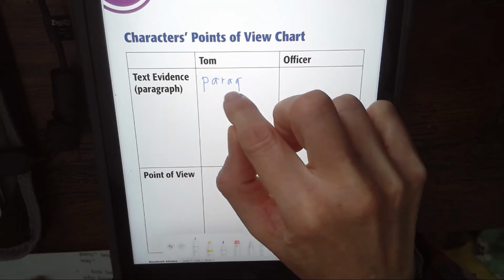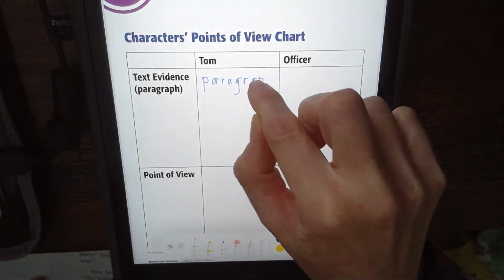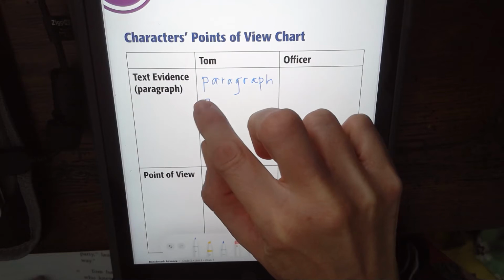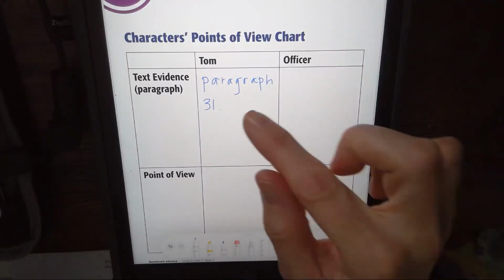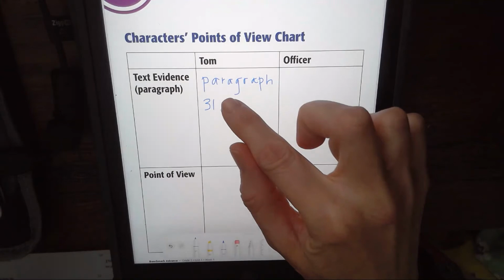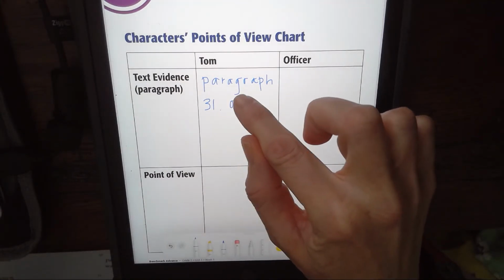Now, if you have a stylus, you can use that. I'm just showing you that you can definitely use your finger to work. And in that paragraph, Tom talked about his list. Only someone.